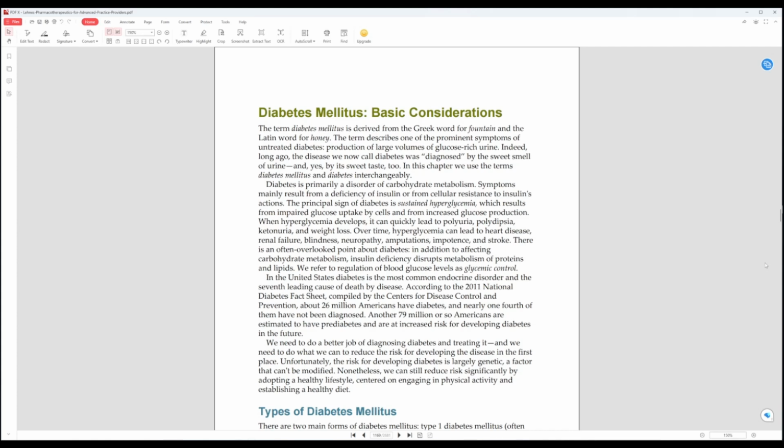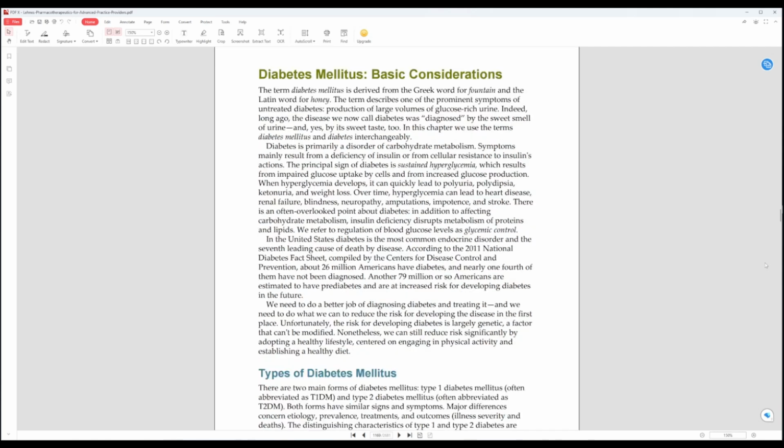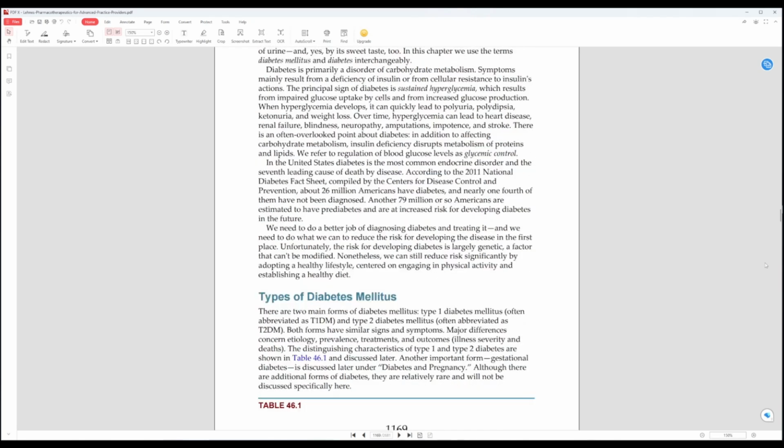Unfortunately, the risk for developing diabetes is largely genetic, a factor that we simply can't modify. Nonetheless, we can still reduce risk significantly by adopting a healthy lifestyle centered on both physical activity and establishing a healthy diet.